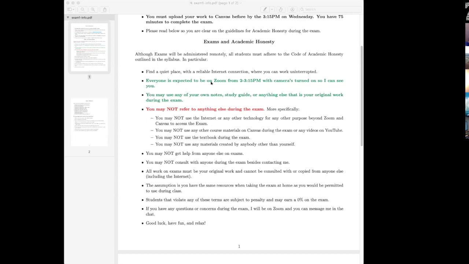You're not allowed to use any materials that I've created, and you're not allowed to use the internet during the exam. The only thing you're using the internet or any technology for is to get on Zoom and to get onto Canvas to get the exam materials. You are welcome to use a calculator during the exam.